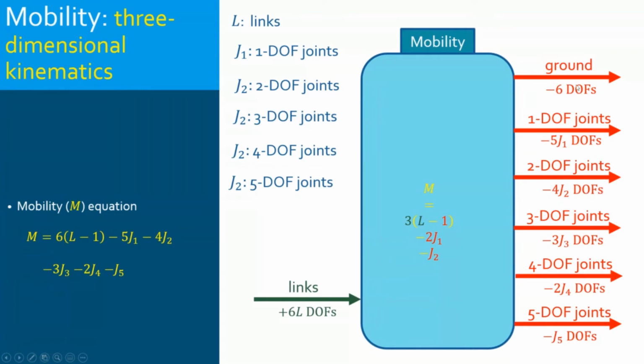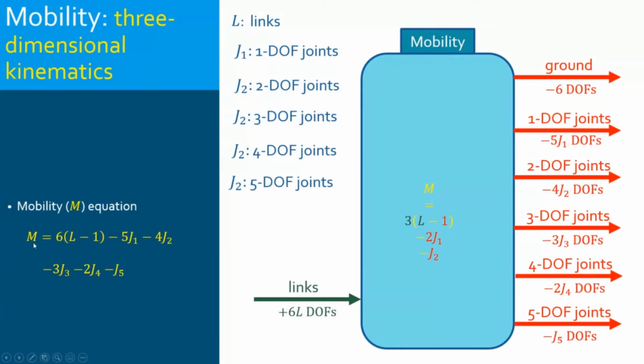The ground will consume 6, and for the joints we have more types. Some joints allow 1, so they consume 5. Some joints allow 2, so they consume 4. Joints that allow 3 consume 3. The others allow 4 and consume 2, or allow 5 and consume 1.